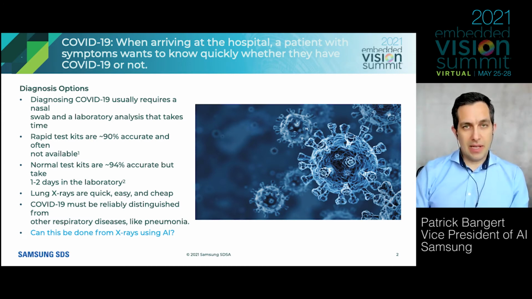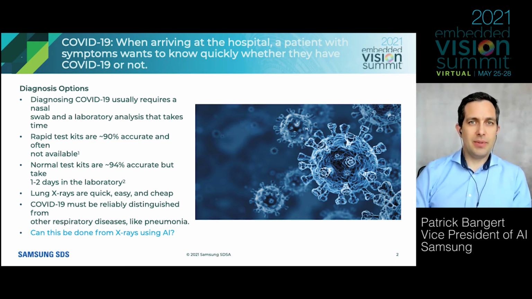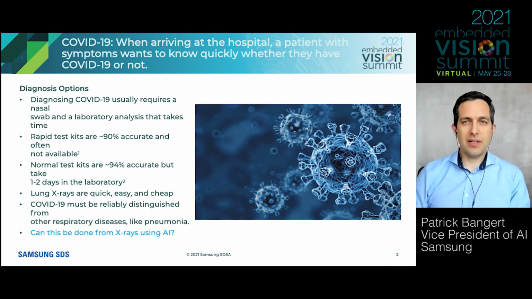Now, the laboratory test, as I said, requires 1 or 2 days to come back from the laboratory. Some people in acute states maybe don't have that amount of time available. Plus, the test kit is only 94% accurate, so you're not 100% sure. There's a rapid test kit available, which gives you an answer much more quickly, but it's less accurate than that.